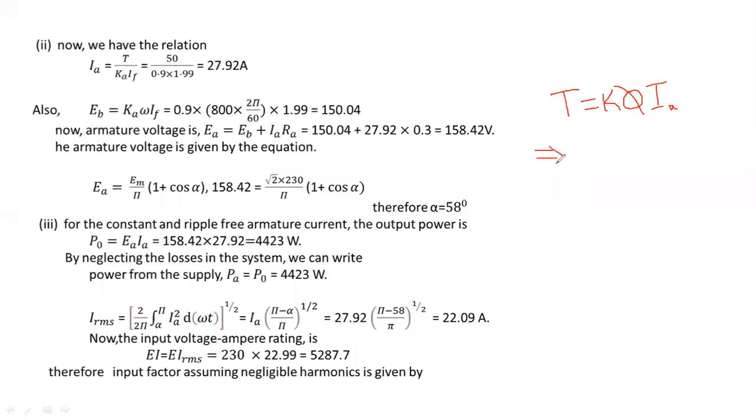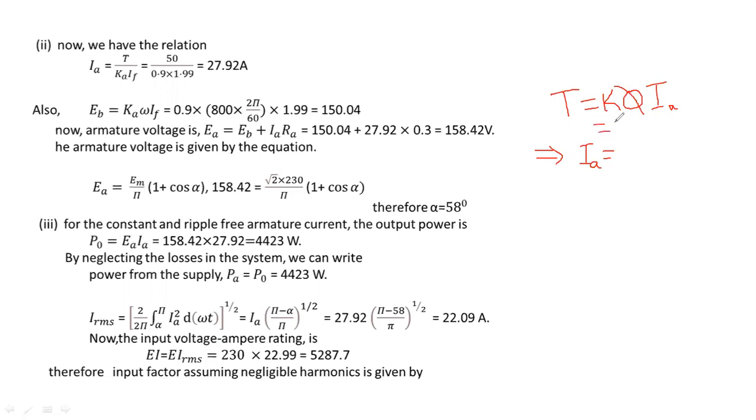But this phi can be replaced with IF, because in a separately excited DC motor, the flux is proportional to field current. Whereas in a series DC motor, the flux is directly proportional to armature current. So this is the difference. So in the separately excited DC motor, the flux phi can be replaced by IF.